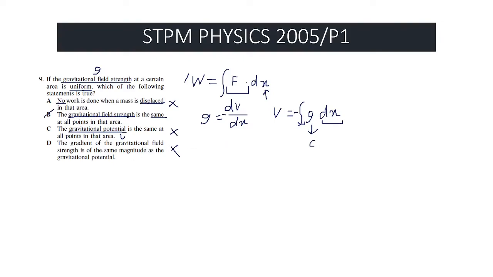So actually there is no meaning for the gradient of a gravitational field strength. There is no significant meaning. So actually this D makes no sense. So the correct answer is B.